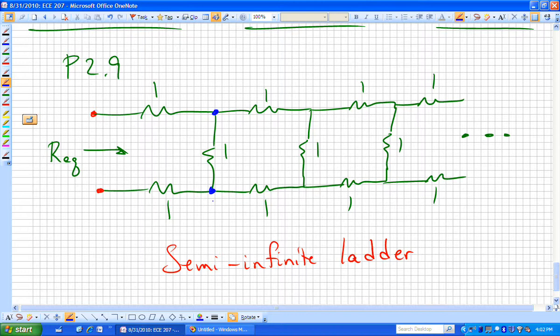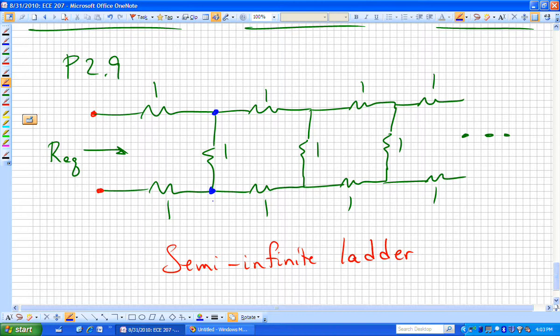If you really thought that would reduce things between the red or the blue nodes, the ultimate would be that it goes to 0. If that's now 0, those 2 blue dots become 1, and you have 2 ohms across the red dots. So now we have a feel for where the answer should be, between 2 and 3. Maybe.